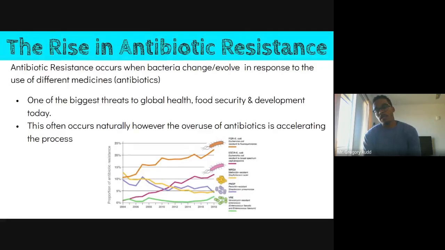Or they take the full prescription, but in either case, some of those bacteria are not killed off by the antibiotic. They still thrive and they survive and they reproduce. And again, they have a genetic immunity to that antibiotic. And so they reproduce, they pass on those immunity genes. And now that person gets sick again with that same bacteria, but this time those bacteria are antibiotic resistant. They cannot be killed by the antibiotic.